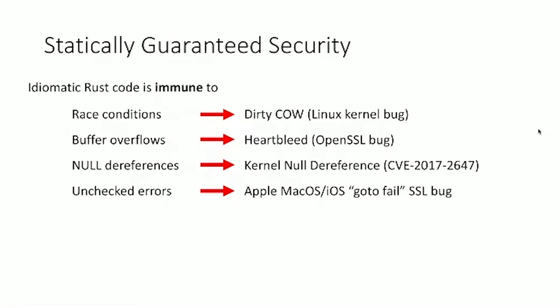Something like Heartbleed in OpenSSL, where you're reading over the end of a buffer. That's a memory error. Rust prevents that. The famous macOS goto fail SSL bug where certificates just weren't checked. That's an unchecked error condition. Rust's error handling system statically prevents that. For so long, we've been saying, oh, we can avoid security bugs in our C++ code.